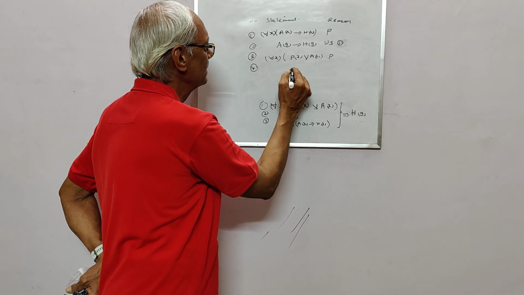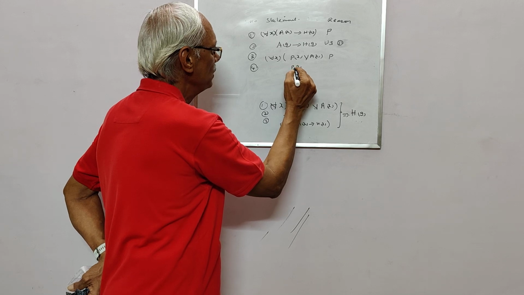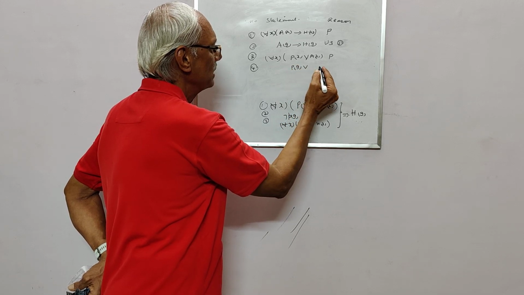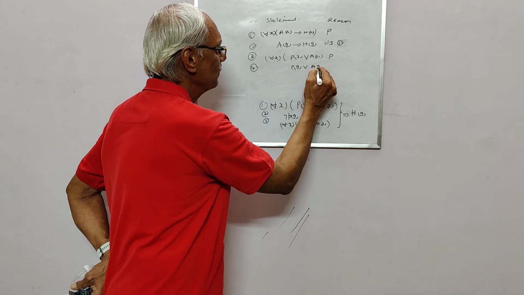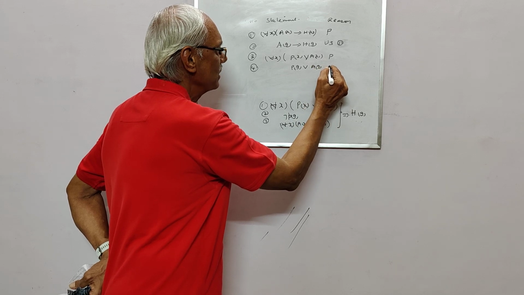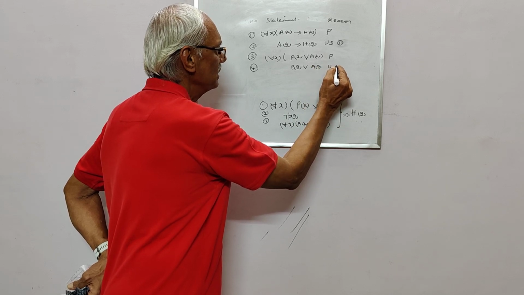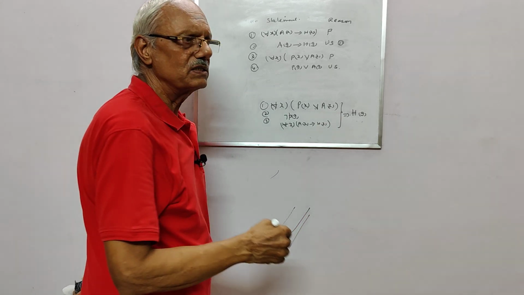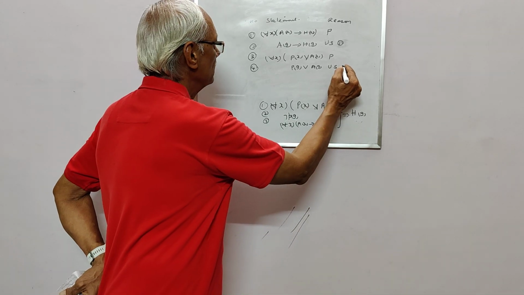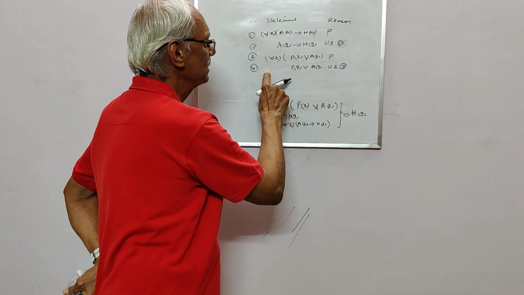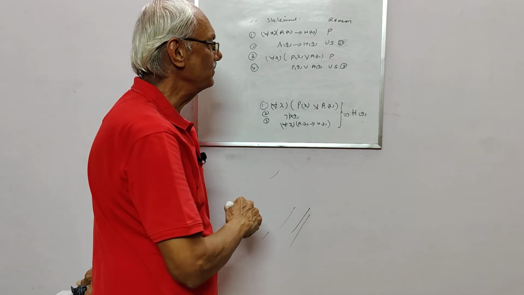So you can write this as P of g disjunction A of g, and this is what? Universal specification. What is that? It is coming from 2, 3. So this is also universal specification.